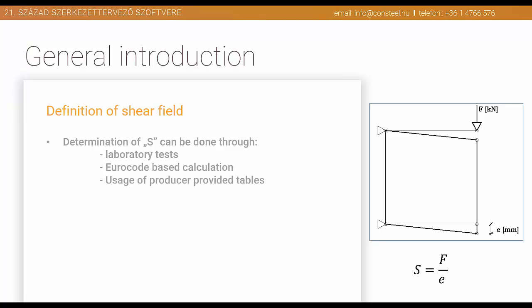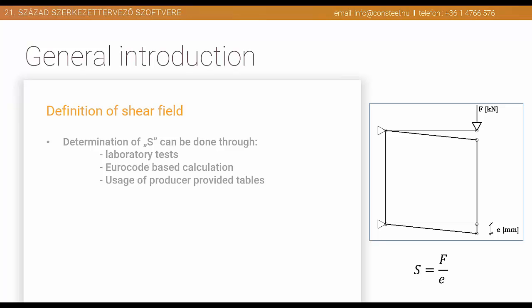These are called Zulassung, and when these Zulassungs are for panels, there is always a compulsory part about shear field design, and those documents provide all the necessary parameters which were either based on laboratory tests or on calculations, but those are values which are already directly usable for the practicing engineer, and with the help of these values, the calculation itself is relatively simple.